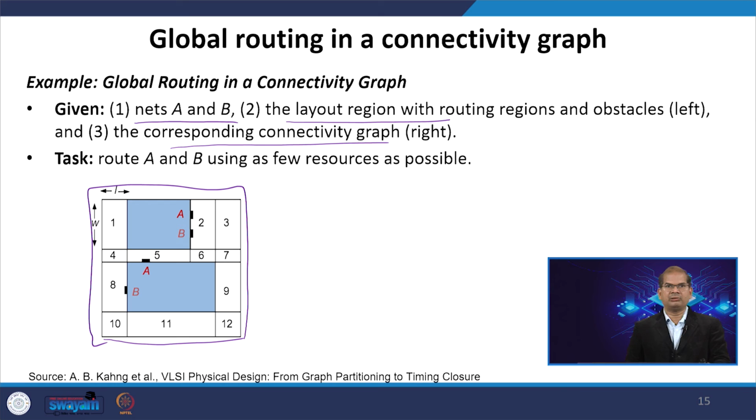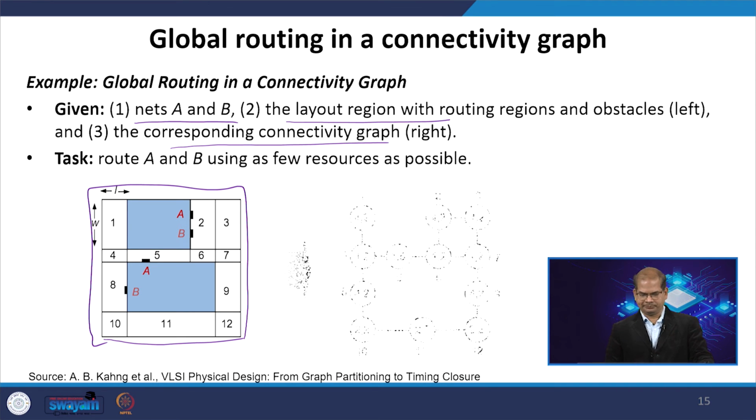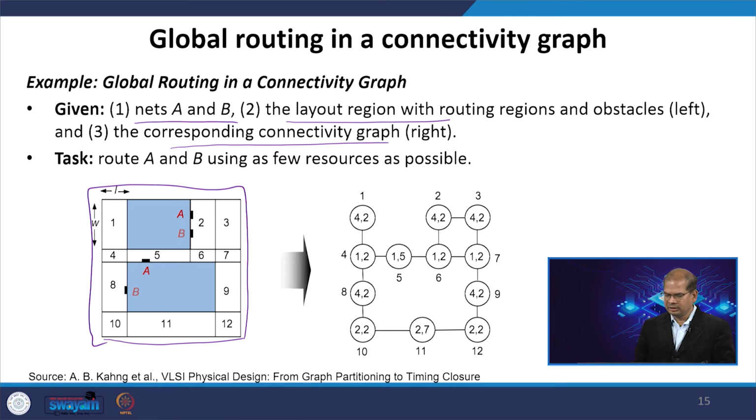Our objective is to route these two nets A and B using as few interconnect resources as possible. This is the connectivity graph corresponding to this layout.